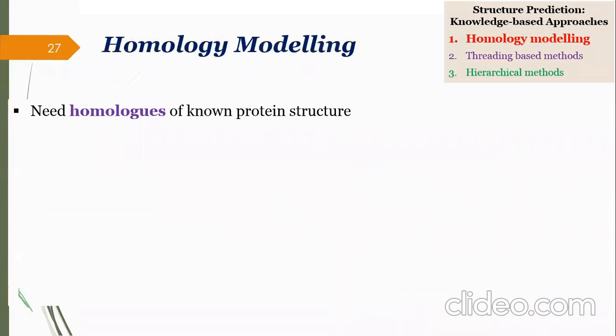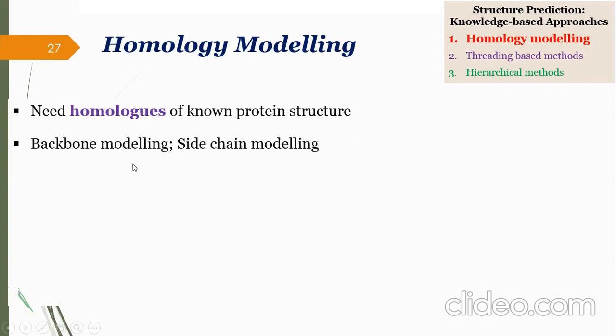Great. So the first method in a knowledge-based approach is homology modeling, and for homology modeling we need homologues of the protein structure. First, we can do backbone modeling and side chain modeling.